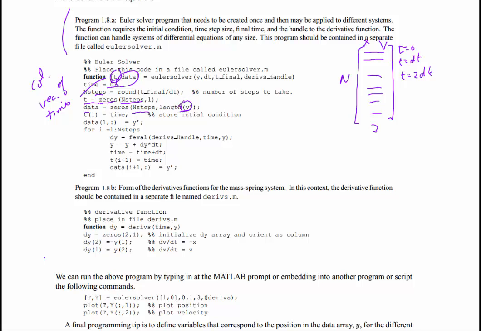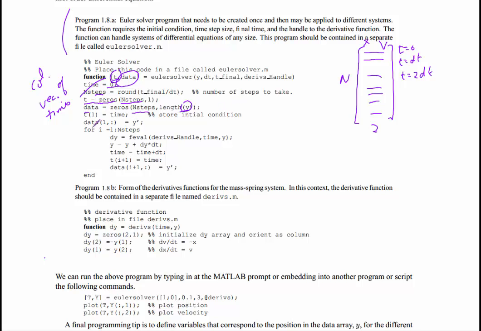But in fact, you can do any number of vector components. So that's a nice thing about this. This can solve vector equations where the vectors are any length. Okay, so here I said it's n by 2. Here it's actually n steps by the length of y, where you could have x, v, and several other variables as well.